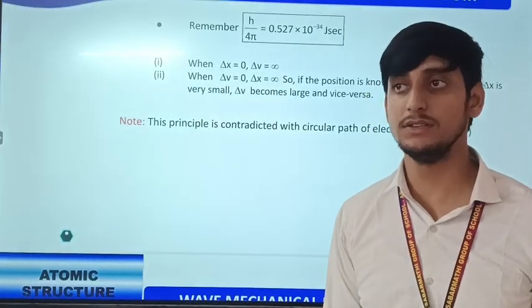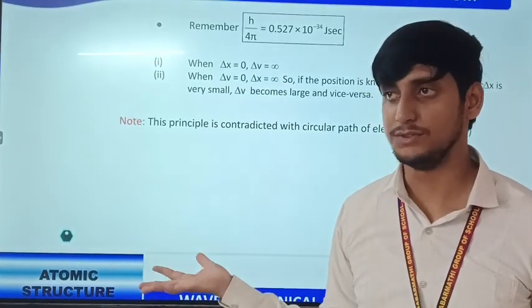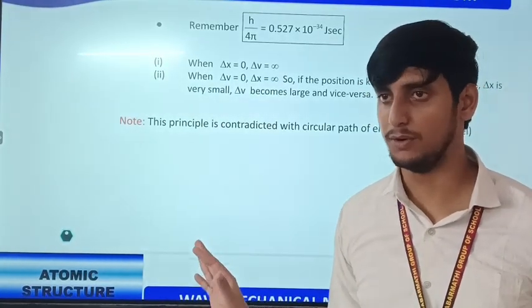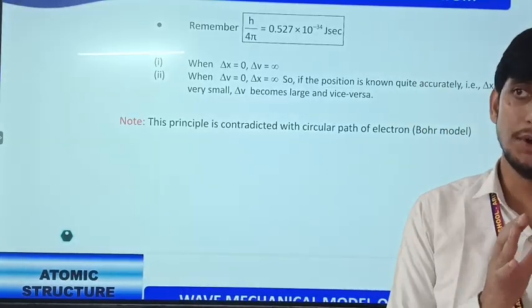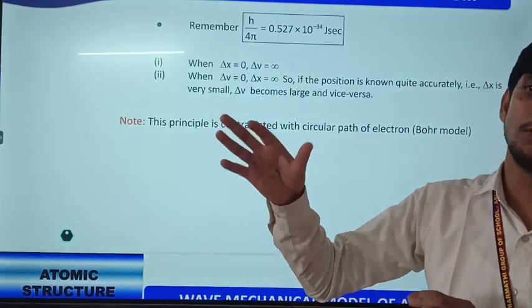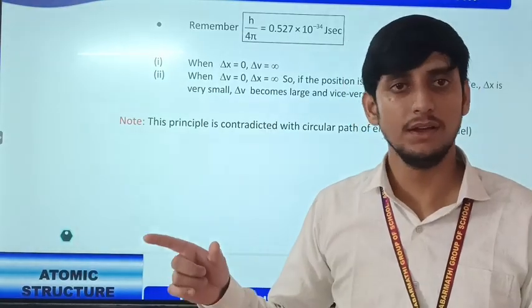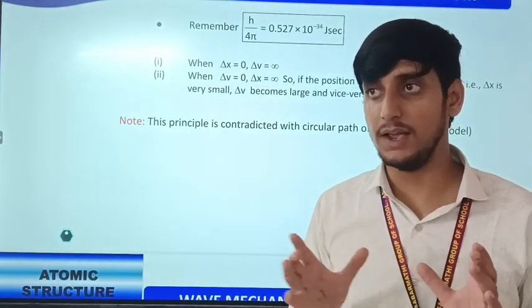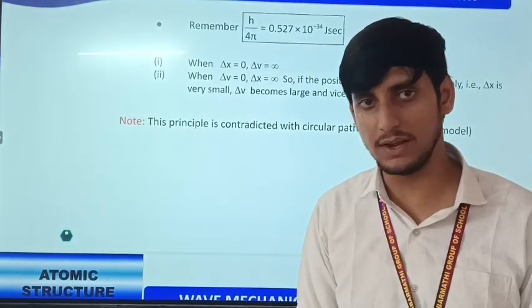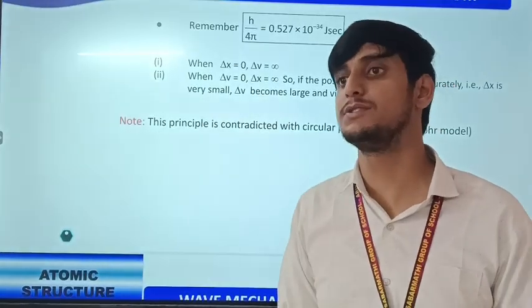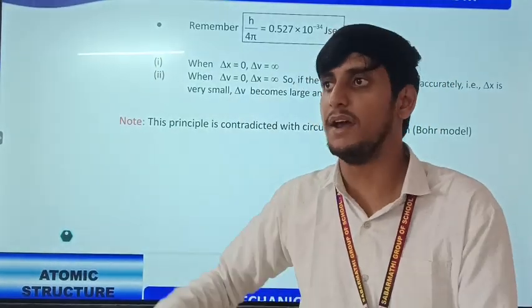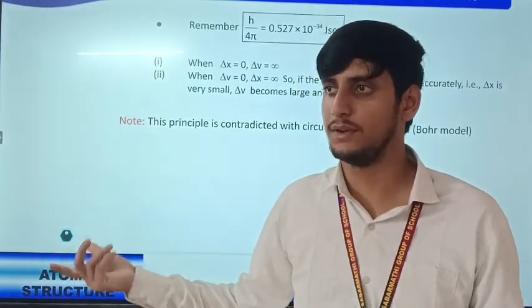When Δx is infinite, Δv is 0. Δx equal to 0 means we know the position exactly. Infinite means we do not know it.